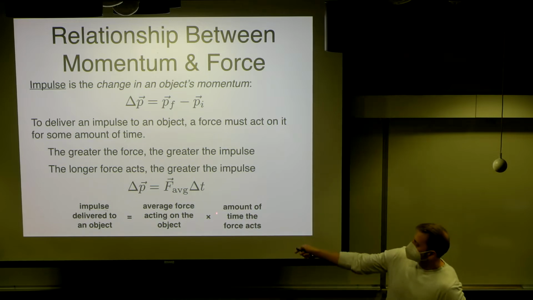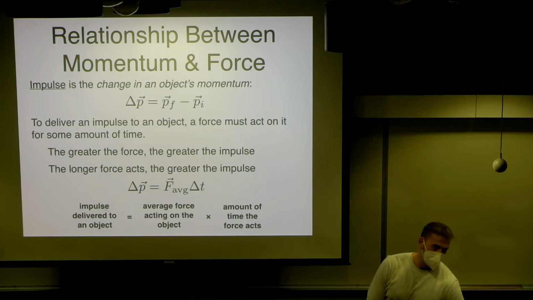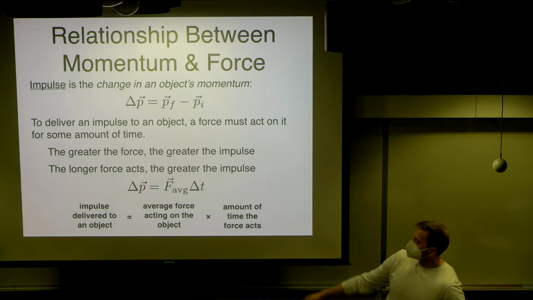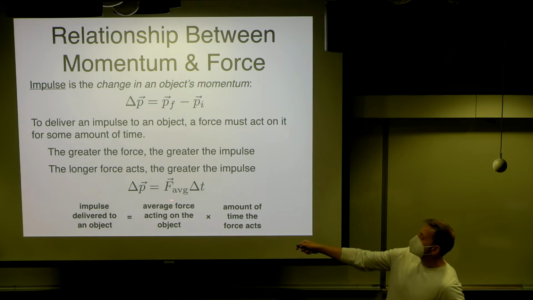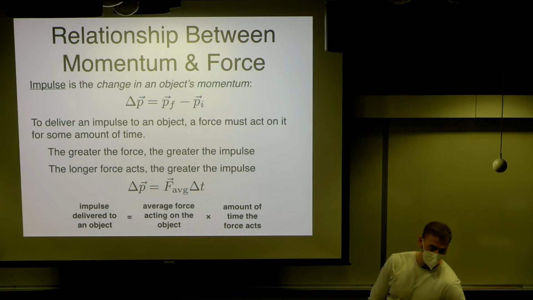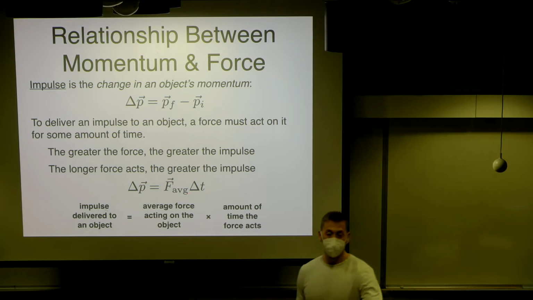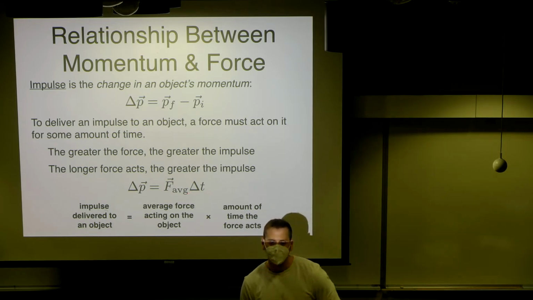When you take physics 45, we're gonna prove this a little bit more rigorously using calculus, but for now, this is the result. Hopefully it makes intuitive sense. Delta P, that's the impulse delivered to your object, that's its change in momentum. That equals the average force that acts on it over whatever time interval we're talking about, times delta T. That's the amount of time that the force acts, okay?